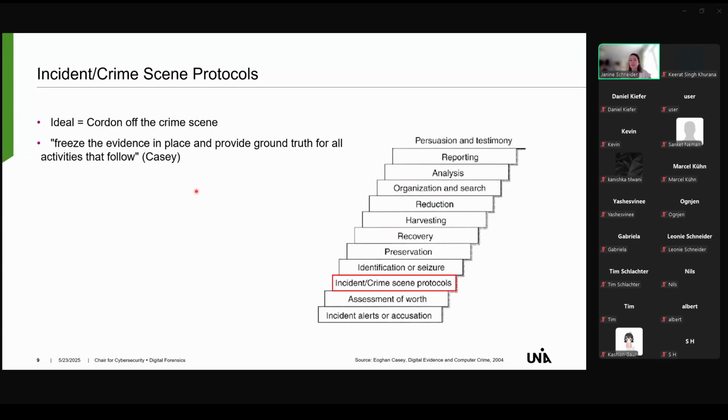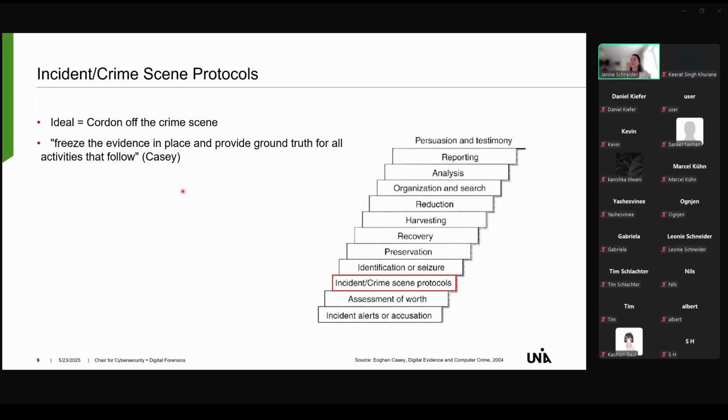But that's quite difficult, for example, for the internet. Of course, you can isolate areas in cases of malware to prevent further damage in the network, but also to the outside. You could shut down things if you get attacked by ransomware.